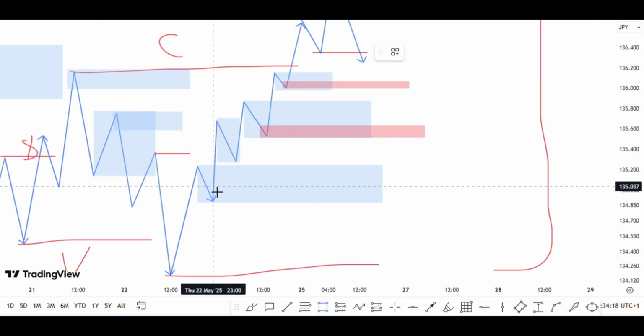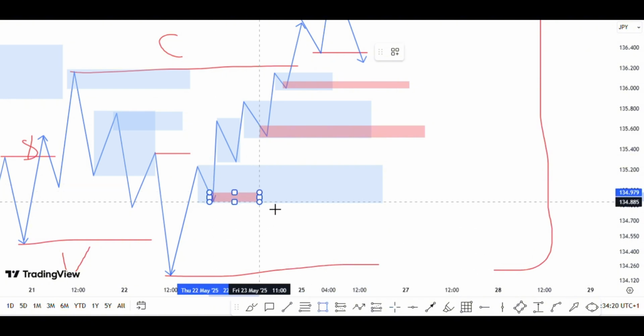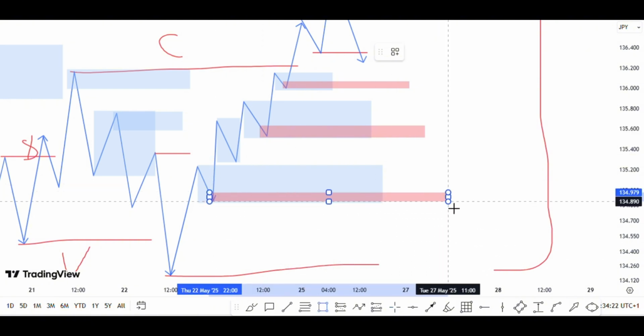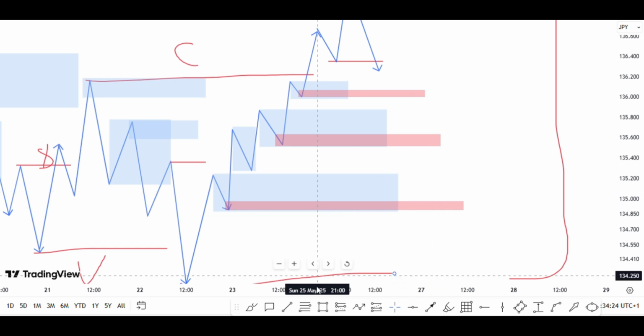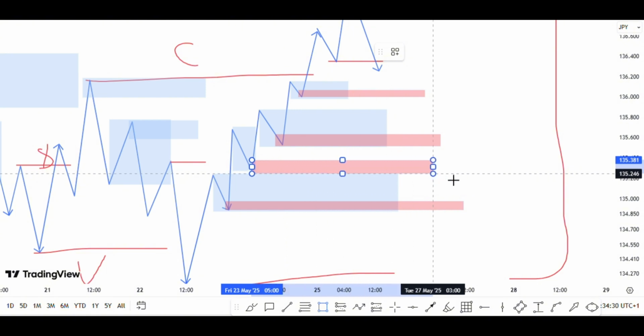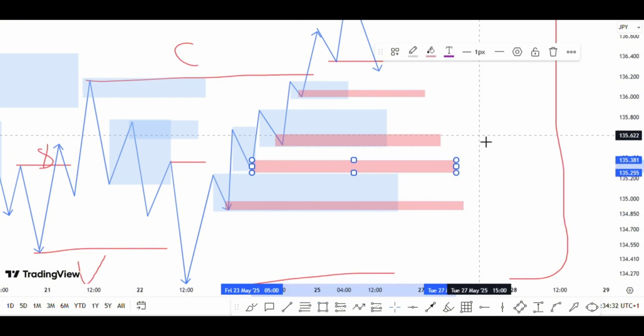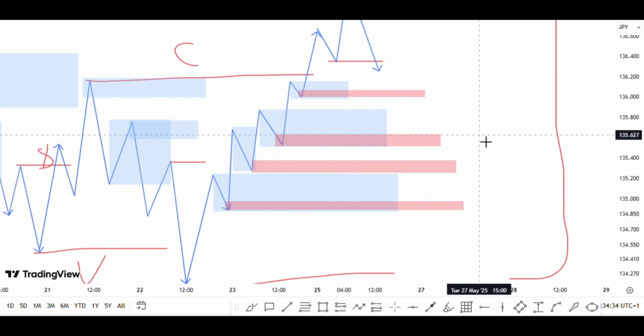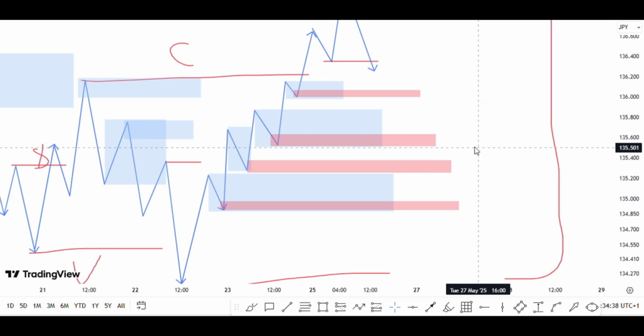So in this place now, we can also have an order block here. In this place too, because the order flow has been mitigated doesn't mean we can't have an order block. Because order flow has been mitigated does not mean the order block cannot also be used.